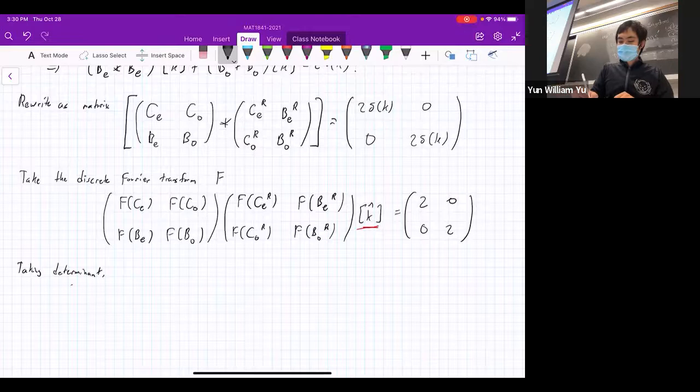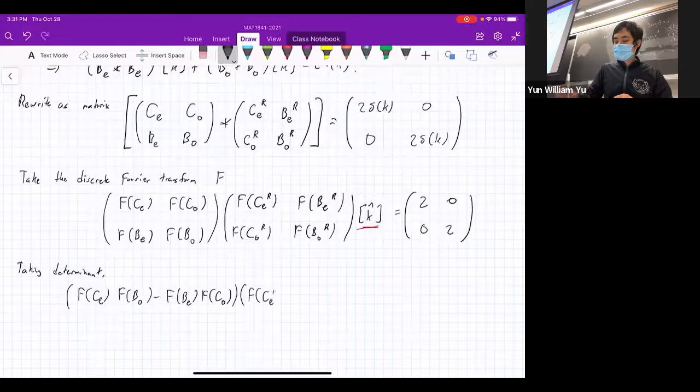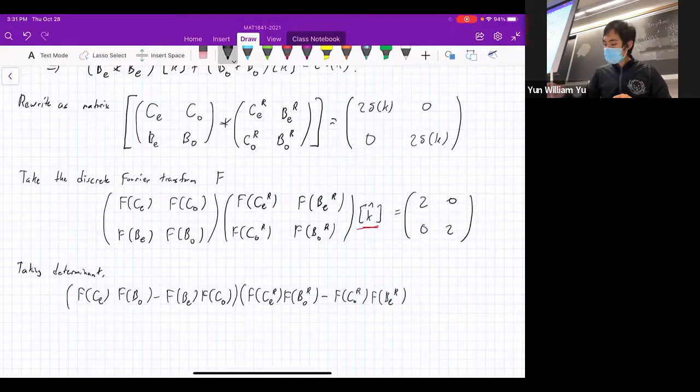You're going to get f of CE times f of BO minus f of BE times f of CO, times f of CE reversed times f of BO reversed minus f of CO reversed times f of BE reversed, is equal to 4.